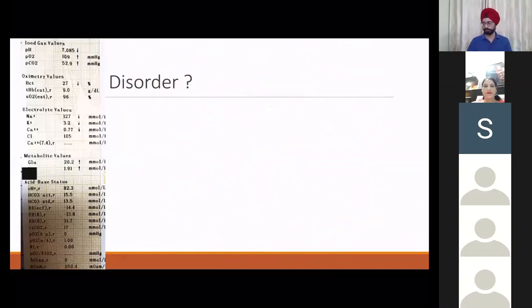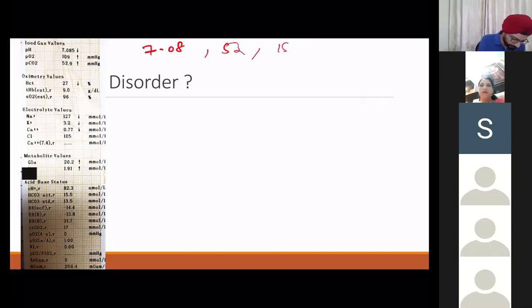Okay, this disorder, I need an answer. pH 7.08, PCO2 59, bicarbonate 50. Simple again, very simple. You can type in your answers.